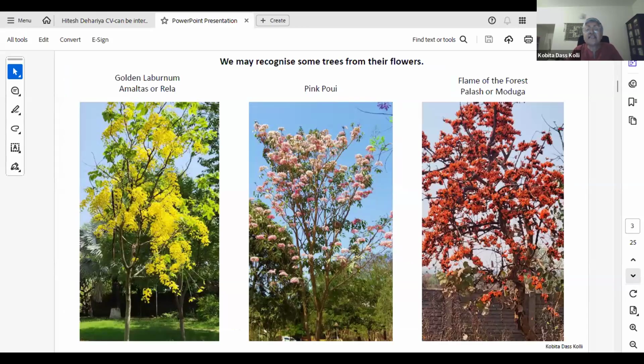Some trees are easy to identify, especially when they have their flowers. So you don't have to do much. You just take a long shot, like this. These are familiar trees. Or, along with this, if you can take some closer pictures of the flowers and perhaps the bark, and any pods or leaves, it's always helpful.